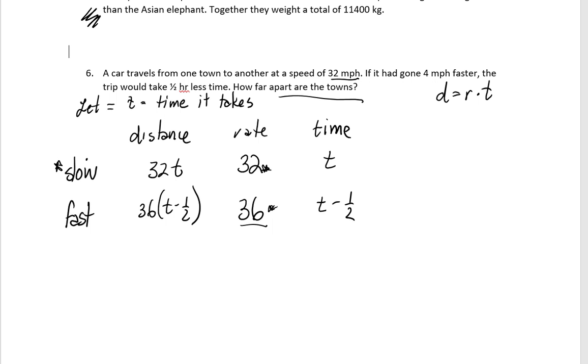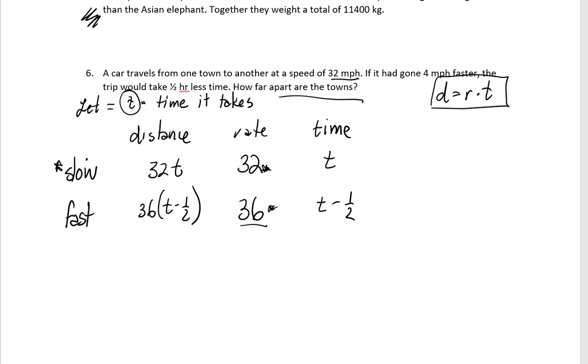If the person had gone 4 miles per hour faster, the trip would take a half hour less time. So we don't know how long the trip took, so I let t equal the time it takes. So the time of the slow trip is t, the time for the faster trip is t minus a half hour, less time.